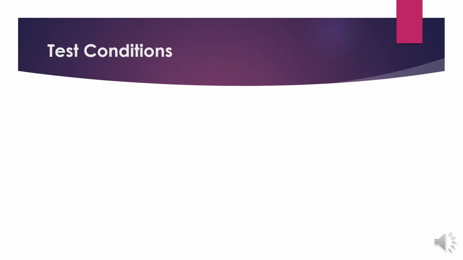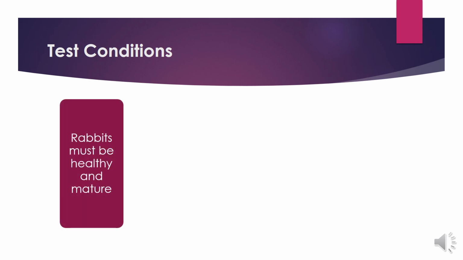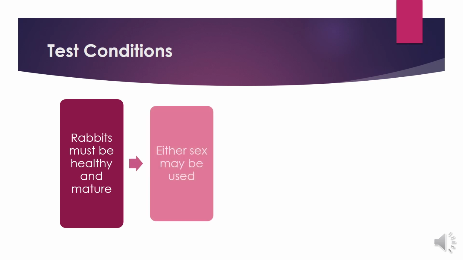So the test conditions that are applied for performing the rabbit test for pyrogen include: rabbits must be healthy and mature. First of all, whatever rabbits you select for this test must be healthy and mature. Second, they can be of either sex, meaning only a single sex is used.